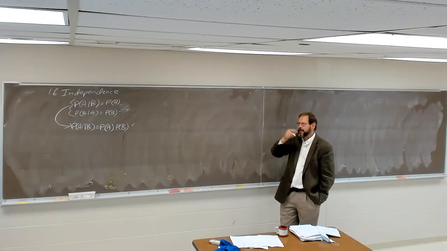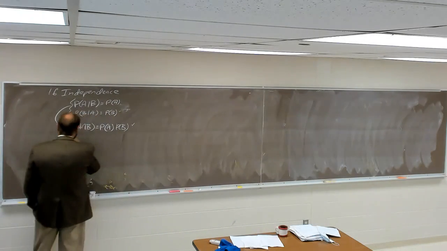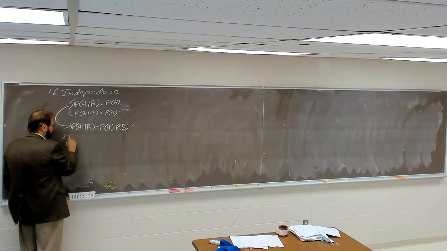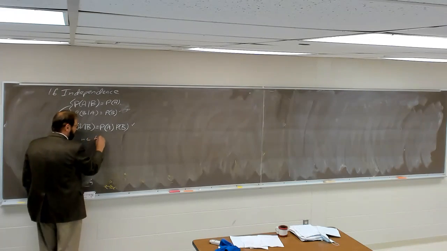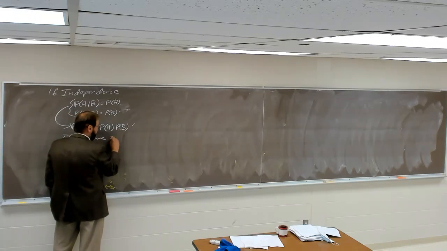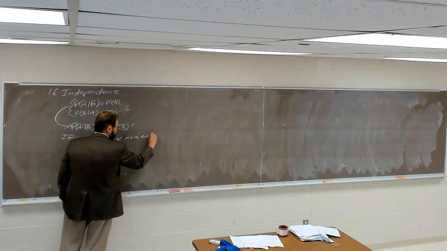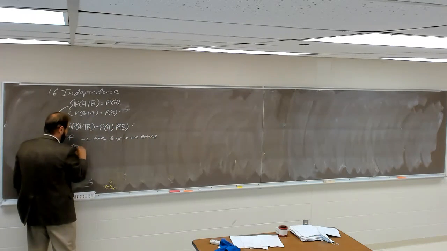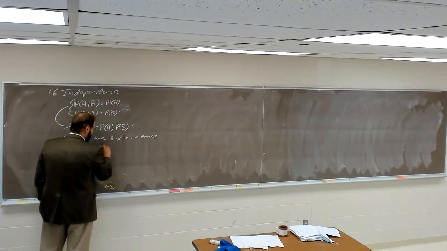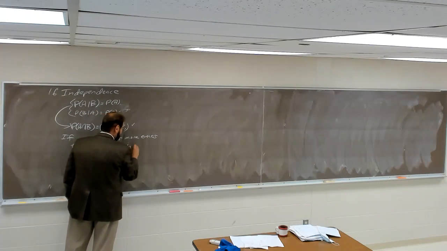And so toward the end of the class, we talked just very briefly about this idea that if we have 3 or more events, we can use this term, say they are mutually independent.